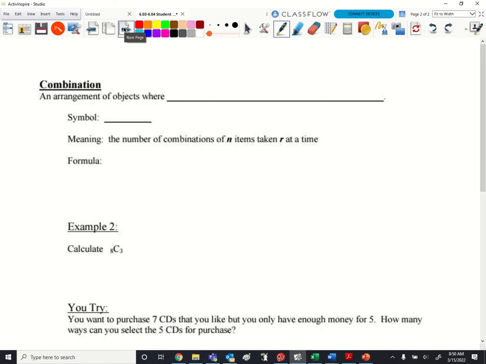Now, combinations. All right, let's look. Combinations: an arrangement of objects where order doesn't matter.